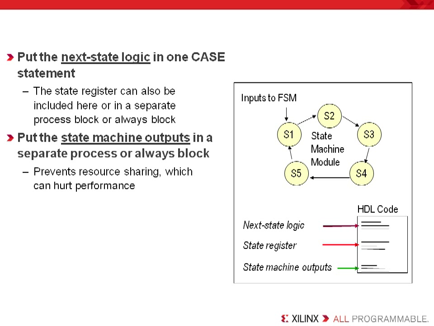Resource sharing often hurts the speed of the large finite state machine. That is because the complexity of finite state machines sometimes will create multiple levels of logic in an effort to reduce the finite state machine's size. So when it comes to synthesizing the state machine, turn resource sharing off. However, if your finite state machine is pretty small, it may not hurt for it to be on.